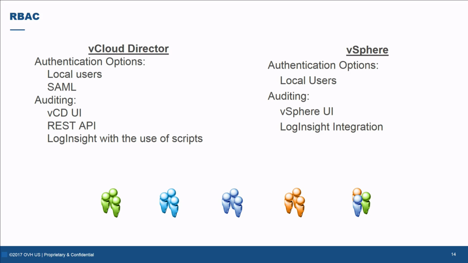At the moment, the majority of vSphere-based clouds do not support options to connect your own Active Directory into them, so you are more limited to local users. Auditing of user authentication is done on the vSphere UI, or if you connect Log Insight. Since you have vSphere access, you usually have access to the vSphere API, so you can connect Log Insight directly and get the full log bundle.